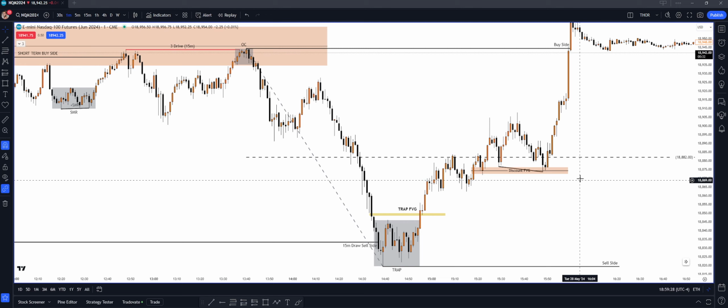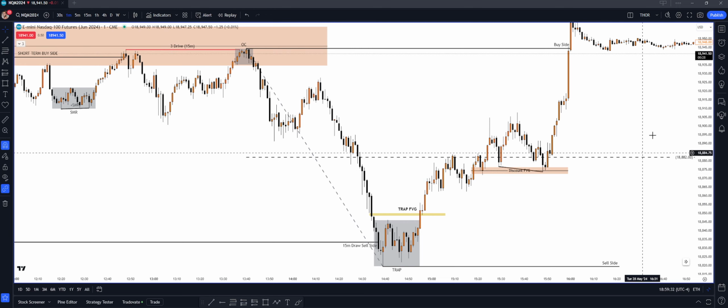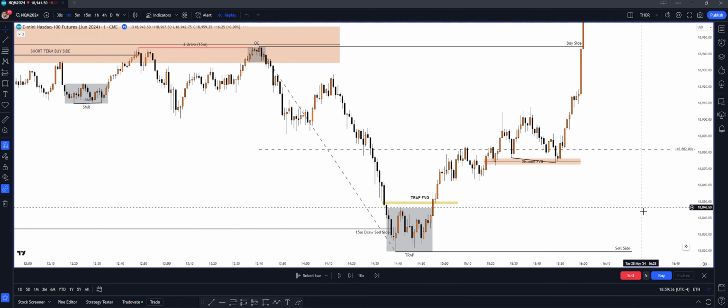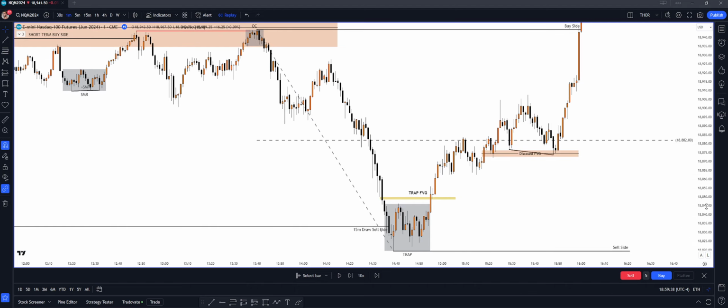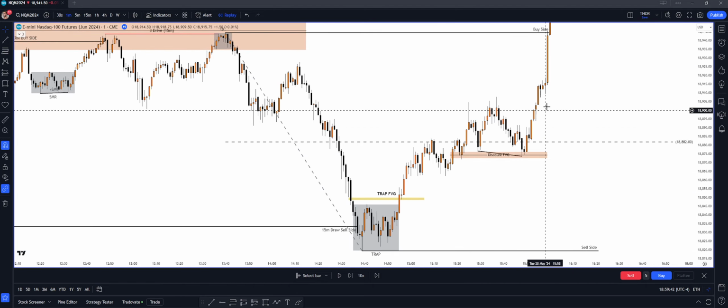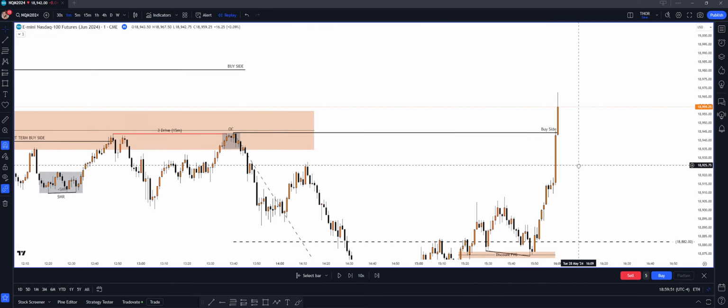Now let me take a screenshot of this. And immediately after, within 5 to 10 minutes, during the last 10 minutes of the session, it sent the price higher and closed the market very strong.